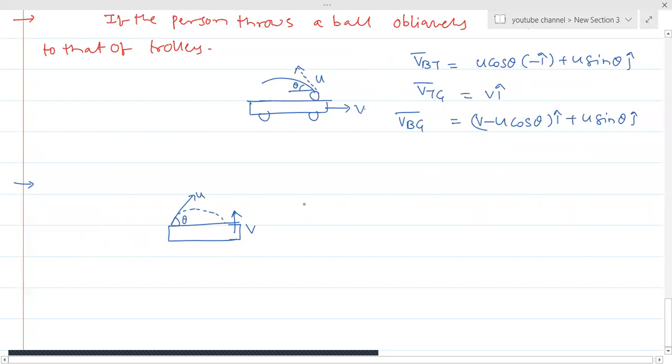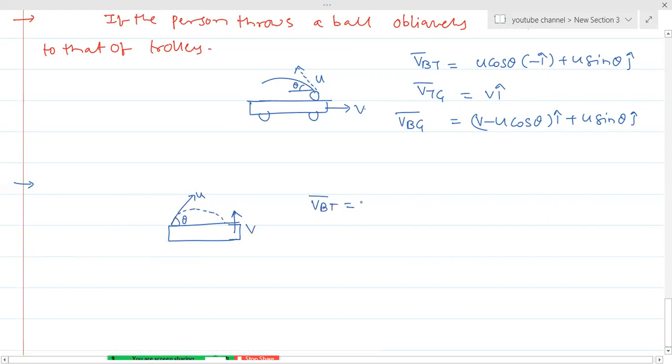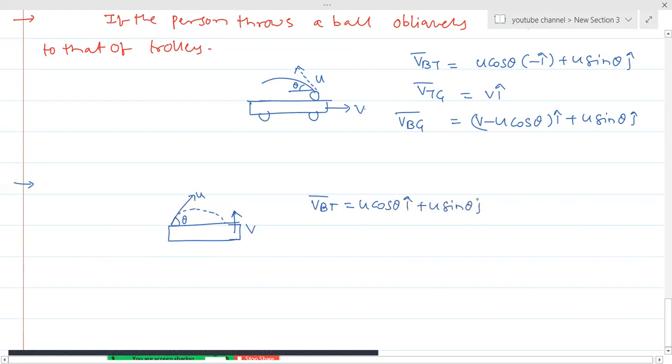So in this case, first we write the velocity of the body with respect to truck as u cos theta into i cap plus u sin theta into j cap, and the velocity of the truck with respect to ground.